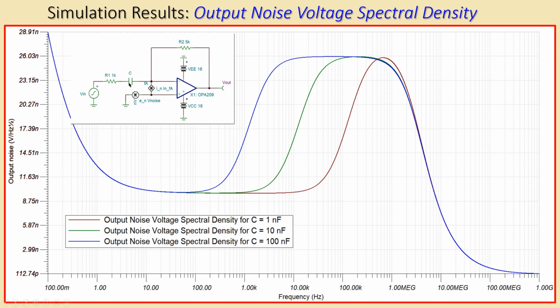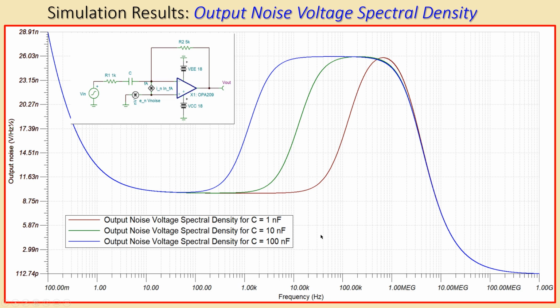Then this capacitor in combination with R1 will dominate the noise at some frequency. But then the pole of the op-amp and R1 and R2 will also come into play, and that will bend this and make the noise go to zero.